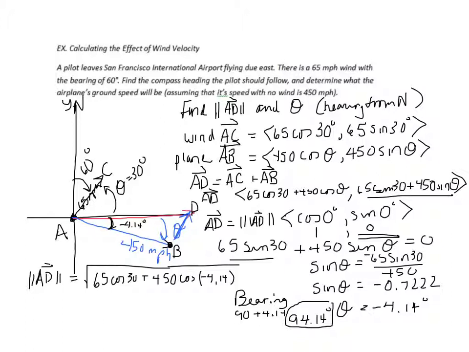If you do all of that, the square root of all of that squared plus 0 squared is just 65 cosine 30 and so on, which is approximately 505.12 miles per hour. That is how that particular problem works. It's kind of long, but it's not difficult as long as you keep things straight.